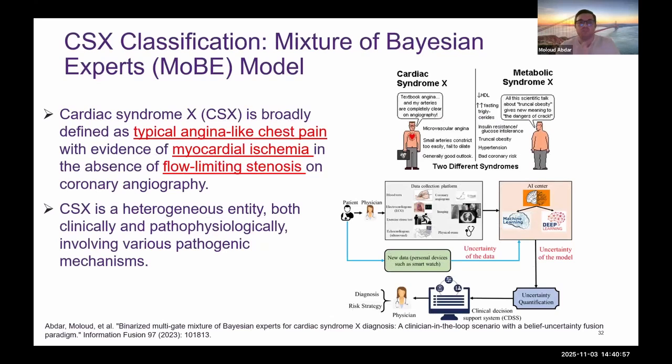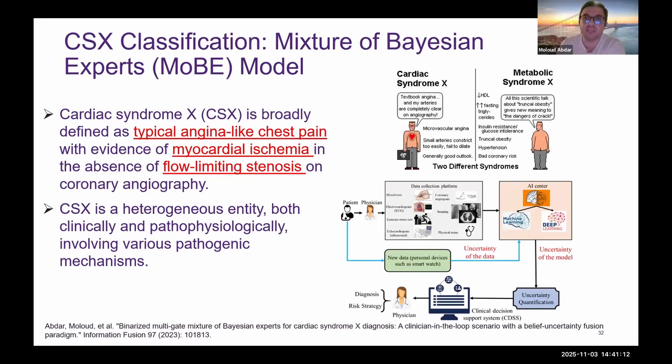Now I'm going to give you another one that we used in a real data set. This is a CSX classification, which we have collaborated on with the Tehran University of Medical Science in Iran.